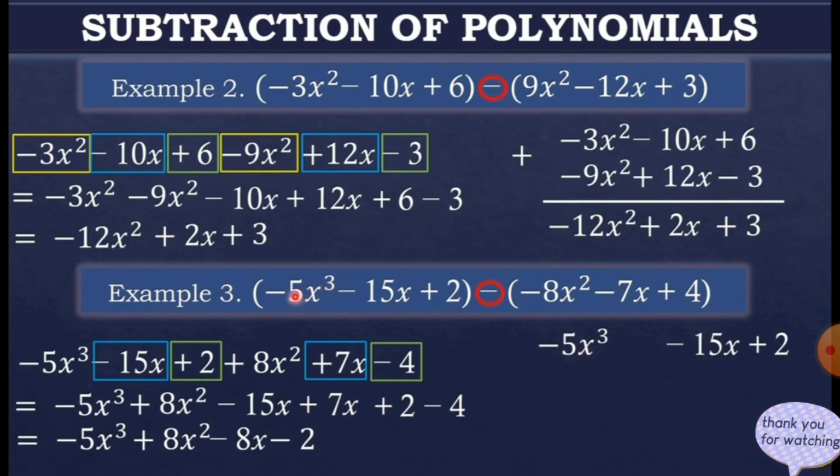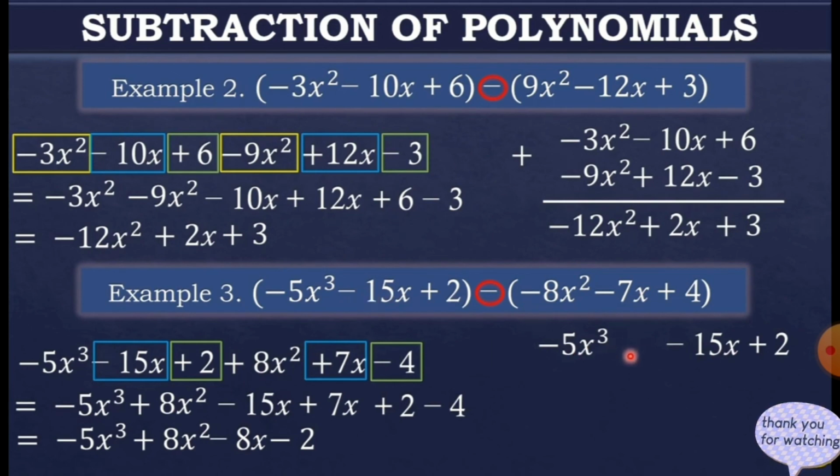For the vertical method, we still do the same procedure. First, copy the first expression. Then, you may wonder, why is there a space in the middle? Again, when we write our expressions, make sure the exponents are arranged from highest exponent to the lowest.